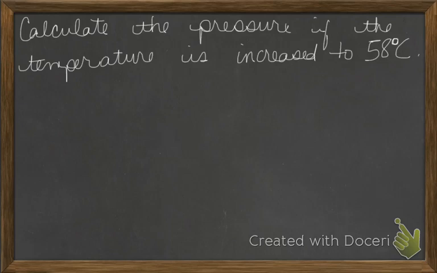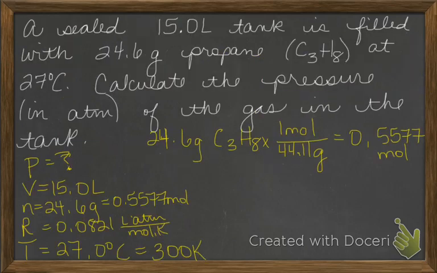Okay, now I'm going to add a second part to this problem. Let's calculate the pressure if we increase the temperature to 58 degrees Celsius. So realize we're still dealing with the same 15-liter tank.